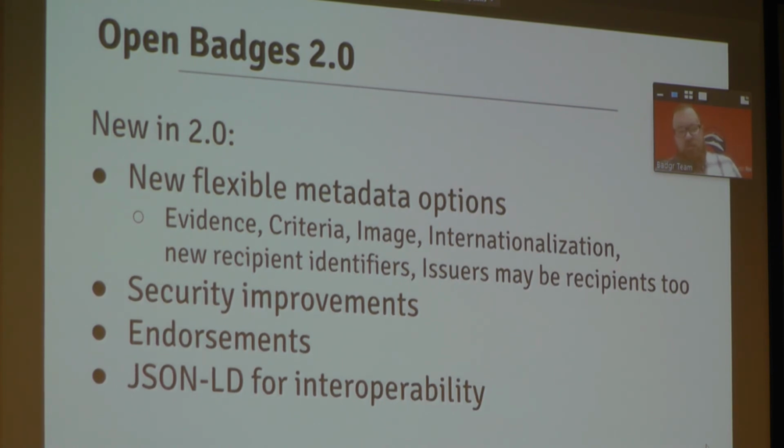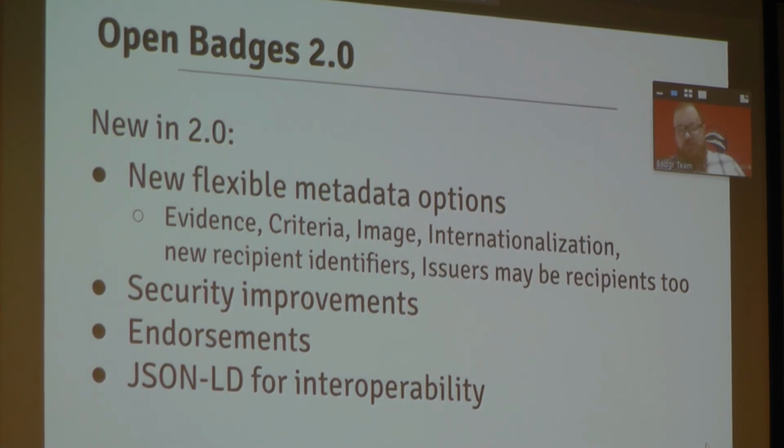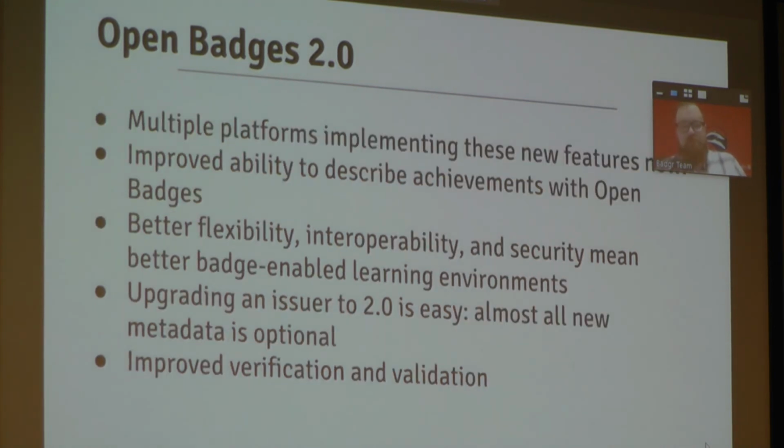And then we've adopted JSON-LD as the core data format for badges. It's very easy for developers to work with, and works very nicely when you want to embed badges within other documents that use the JSON-LD spec, or embed other documents and information that is out of the scope of the badges spec within badges.